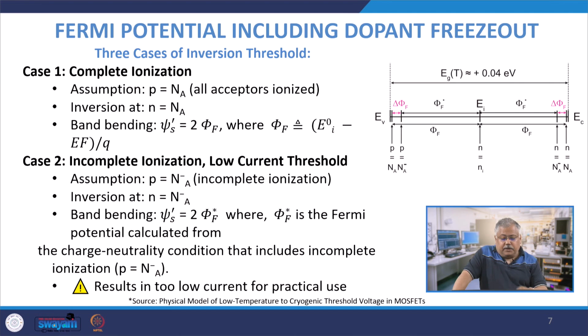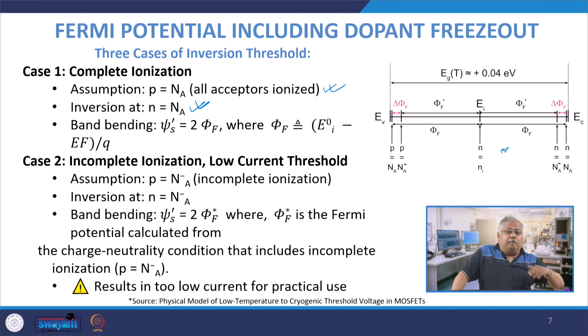Now, let us look at the complete ionization. All the acceptor ions have been ionized, and therefore P equals Na, and when you do a strong inversion, N will be equal to Na. So, these two are well defined, and I can explain this concept to you very easily. I am just replicating this figure from the previous discussion, and I am assuming that the number of holes is exactly equal to the number of acceptor ions, and the number of electrons you get is almost equal to Na.